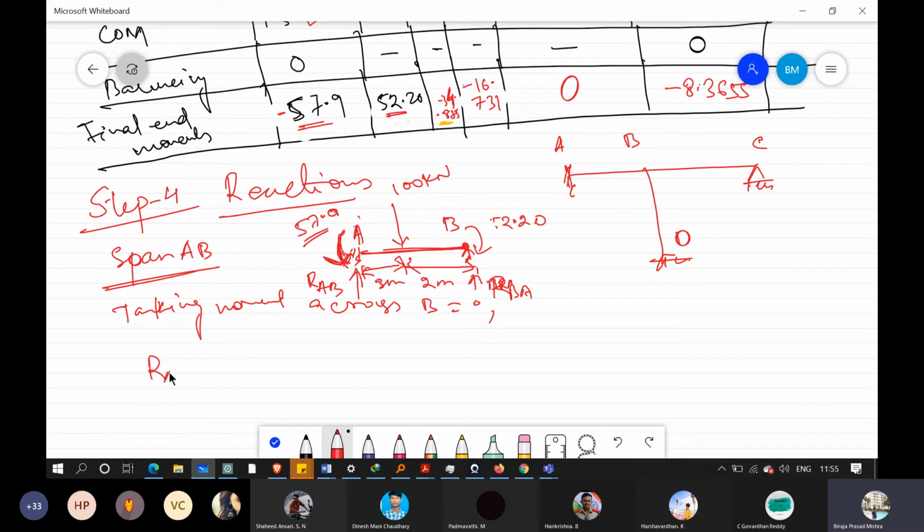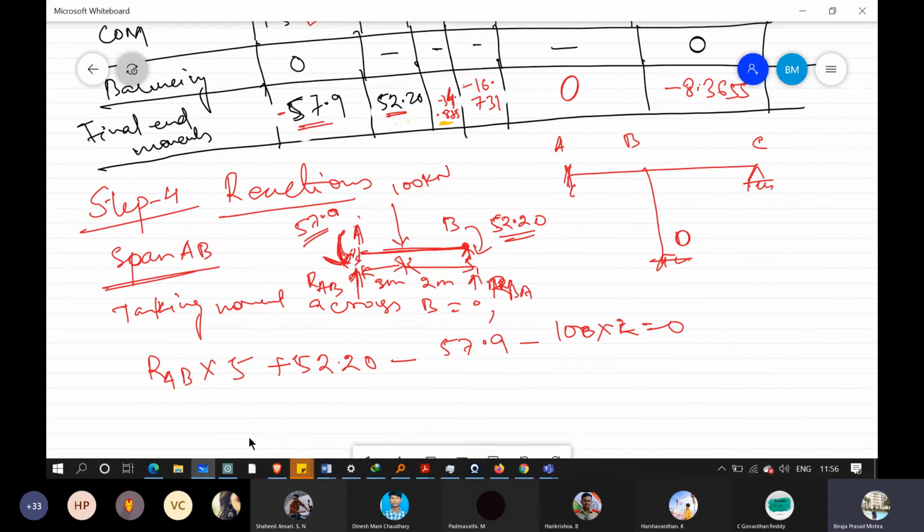So RAB into 5, then plus 52.20, then minus 57.9, minus 100 into 2 equals to 0. So please calculate how much is RAB.